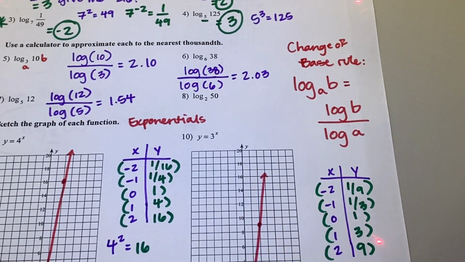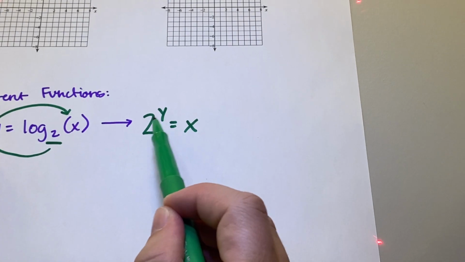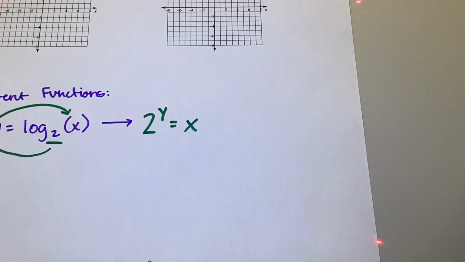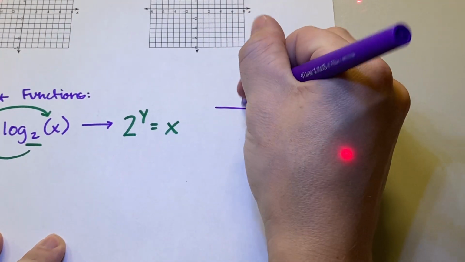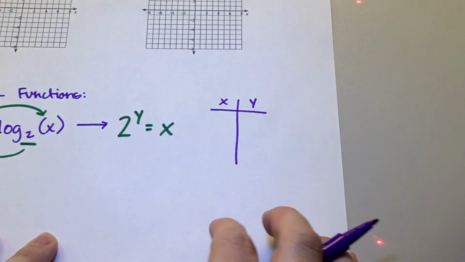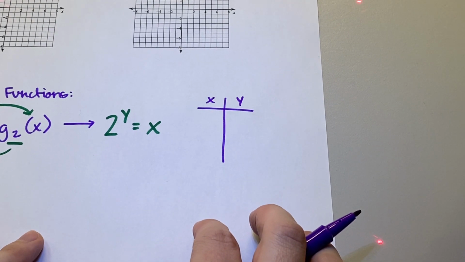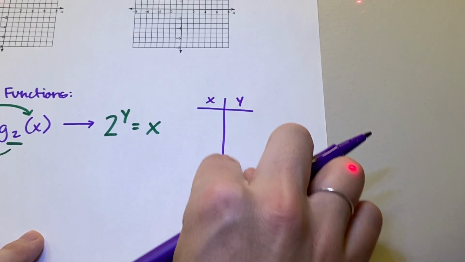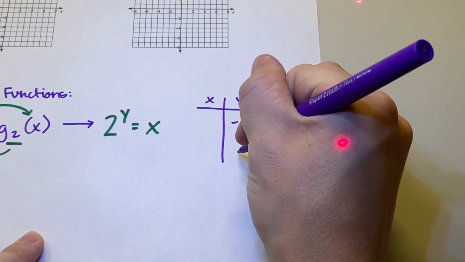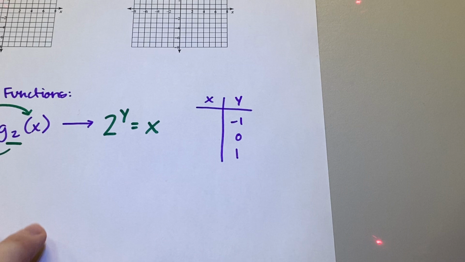Last time it was x. We're going to do the same thing, except this time it's y. Nothing too different. Okay, so give yourself a table. Still x and y, but this time we're choosing values for y. Okay, and just for time's sake, let's just do -1, 0, and 1.